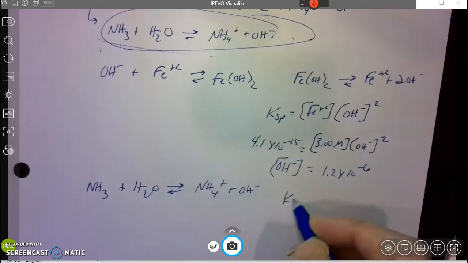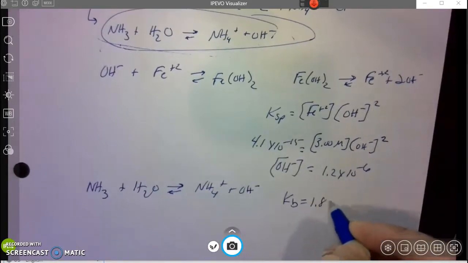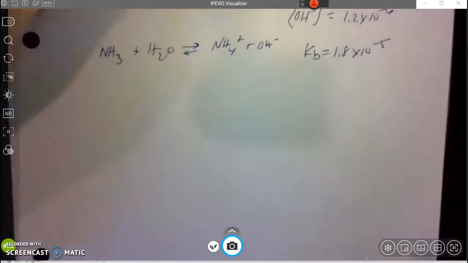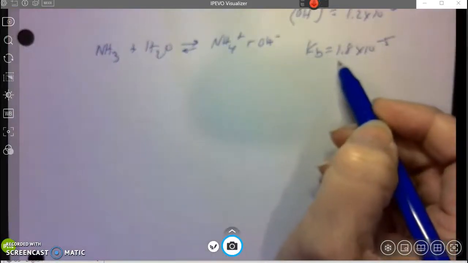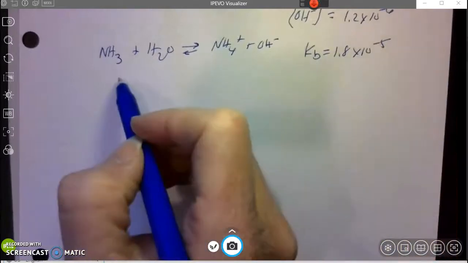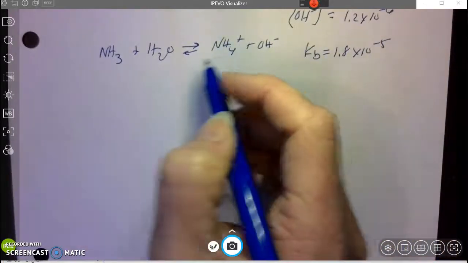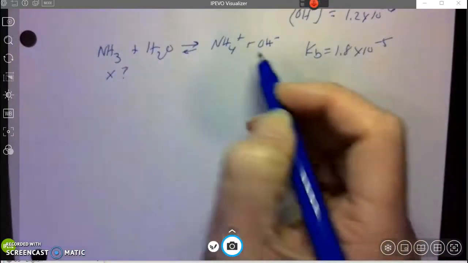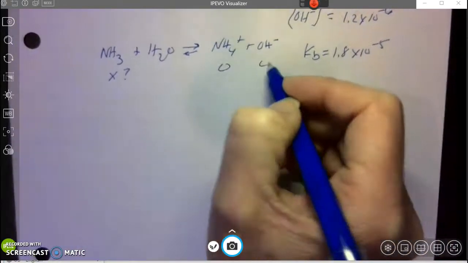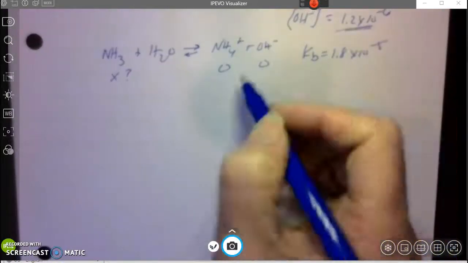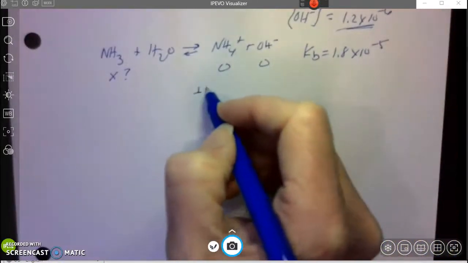The Kb for this equation is 1.8 times 10 to the negative 5th, because ammonia is a base. If we look at this from an equilibrium perspective, we need to know what this concentration is. This is what we don't know. So initially these are going to be 0, but what we need is this concentration. So this is what our X has to be.